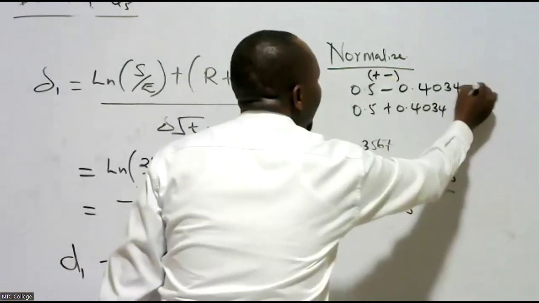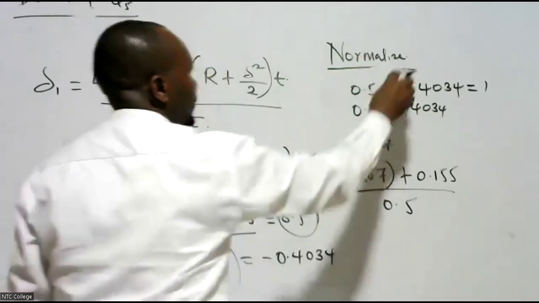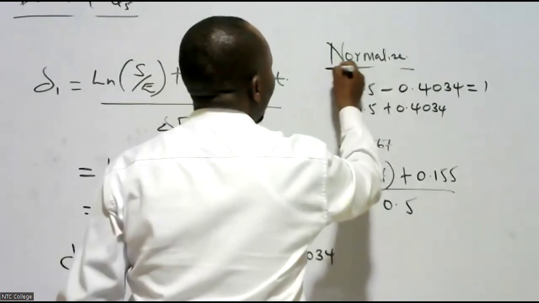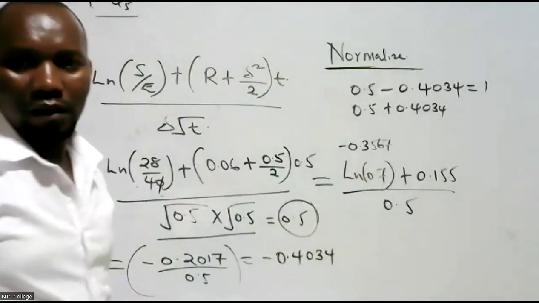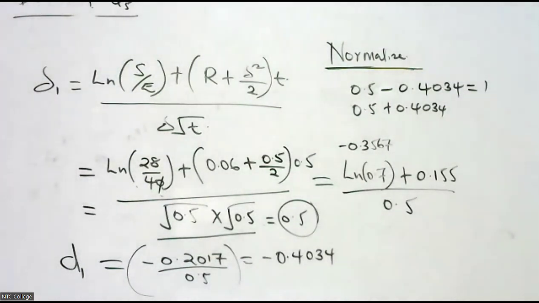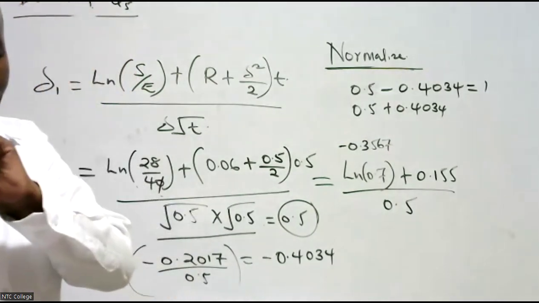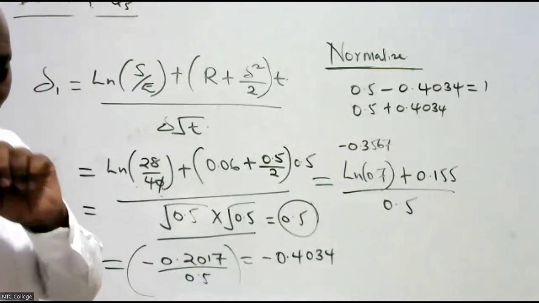So when you normalize, what do you get? Hiyo 0.5 deno unatoa wapi? Normalize first. What do you get? Nipe tu figure hiyo nitakujibu. Nipe figure kwanza.